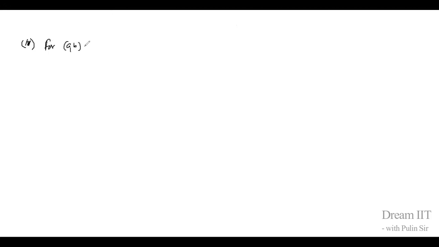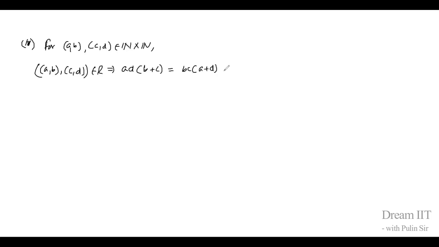For (A, B) and (C, D) belongs to N cross N, I have to start with this relation. This belongs to R. If this belongs to R, what I got is AD whole into B plus C, and then here it is BC whole into A plus D, right?